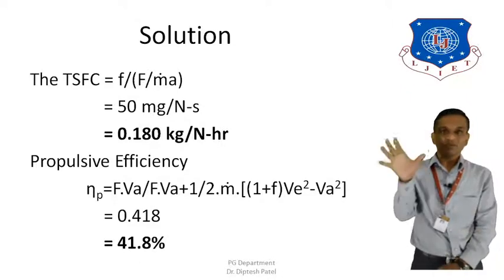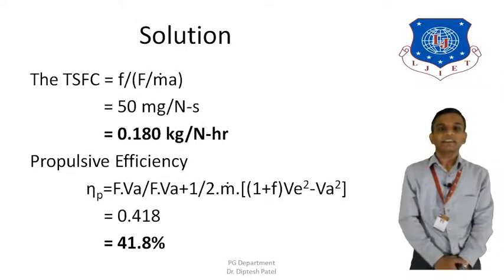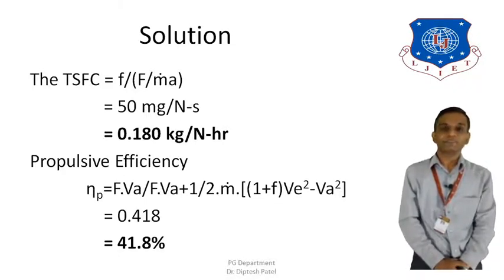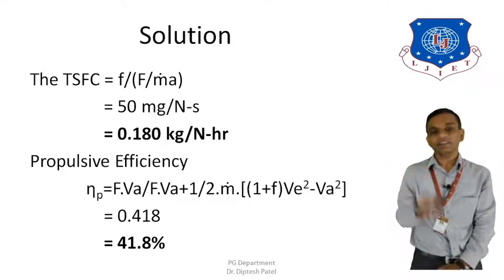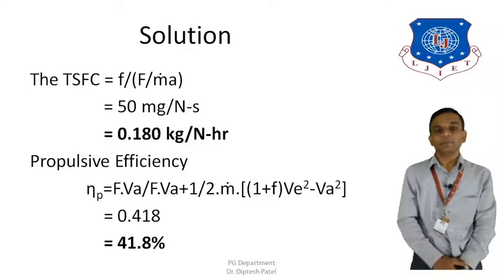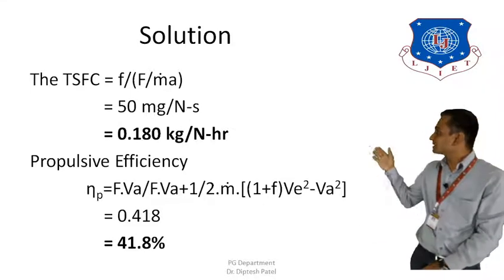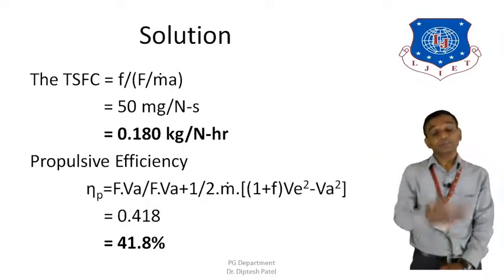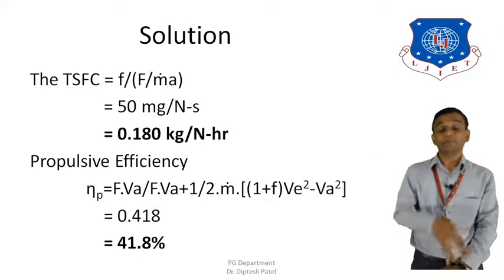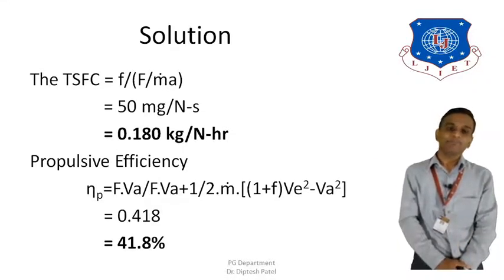So doing the substitution, we'll get the thrust specific fuel consumption, which is equal to 50 milligram per Newton second, and that is equal to 0.180 kilogram per Newton per hour. So we just changed the unit here from milligram to kilogram and then second to hour. So this is the thrust specific fuel consumption. This fuel consumption takes place per unit thrust per unit time.